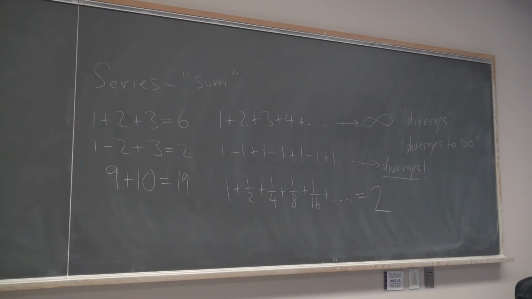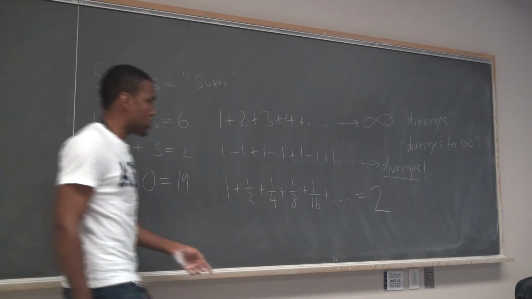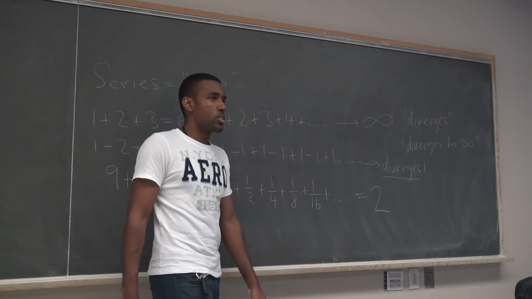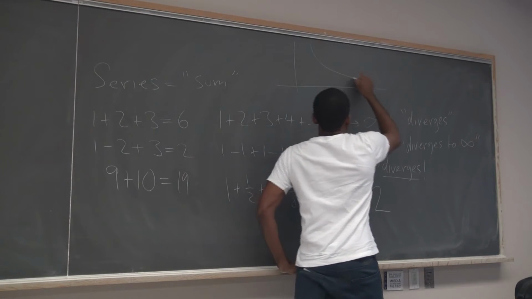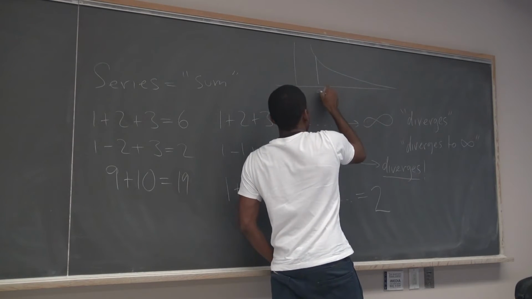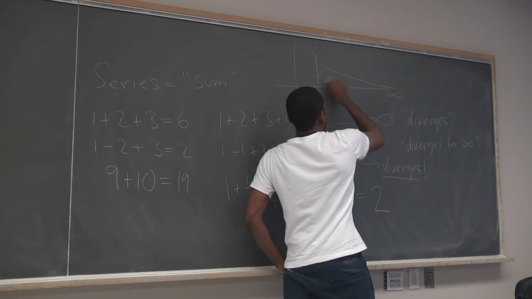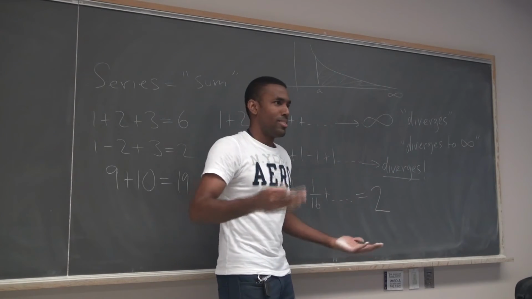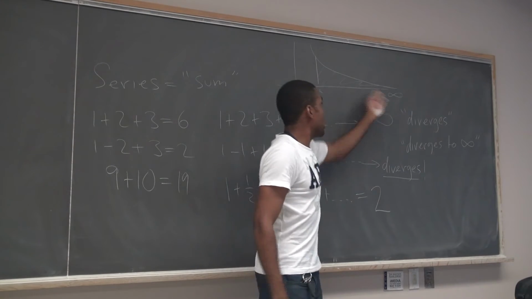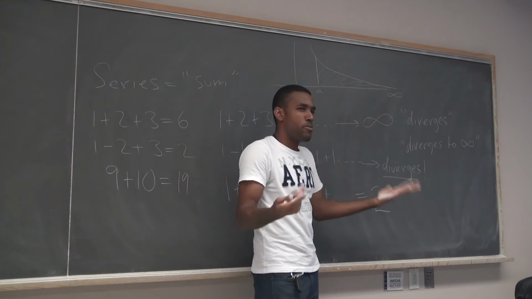Well, not that strange. You sort of encountered the same thing in Calc 2 when you were doing improper integrals, remember? Sometimes you had to integrate from a point to infinity, and then sometimes the integral actually converged. It's like you had this infinite area, but it's actually a finite area.